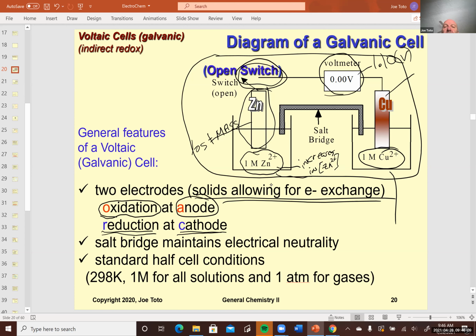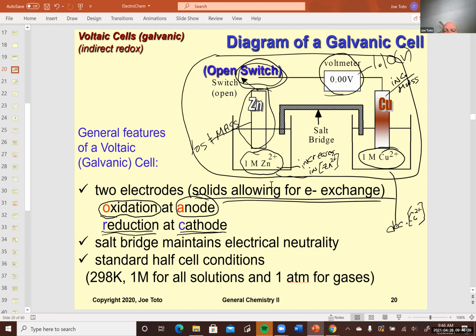On the other hand, on the other side, we find that the copper electrode increases in mass. And we find that the solution, after a while, loses concentration, or decreases in the copper concentration.